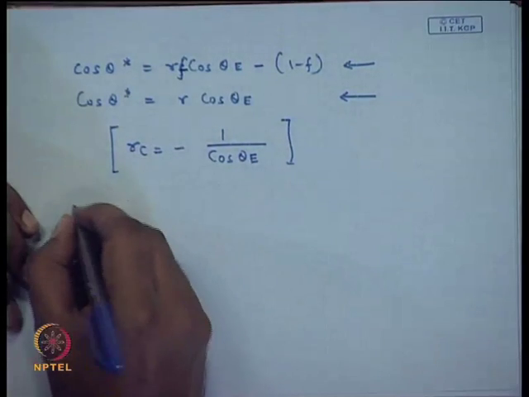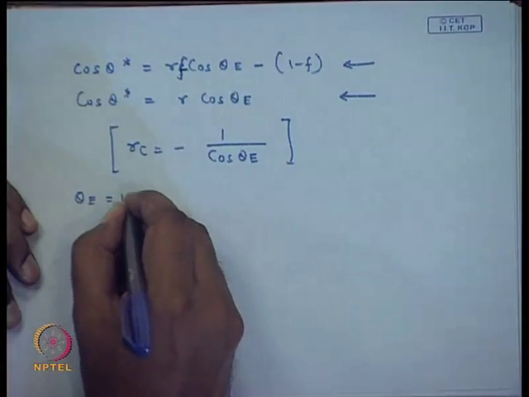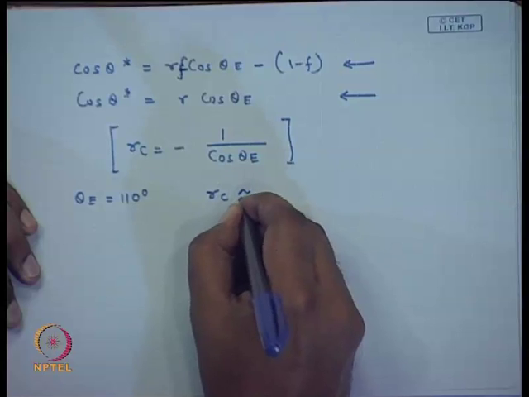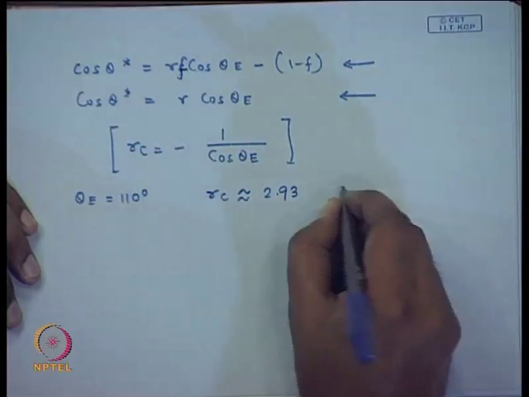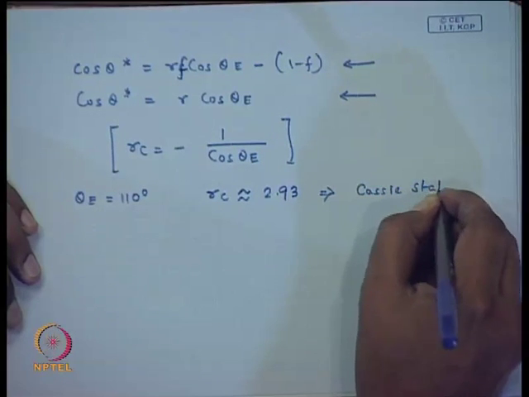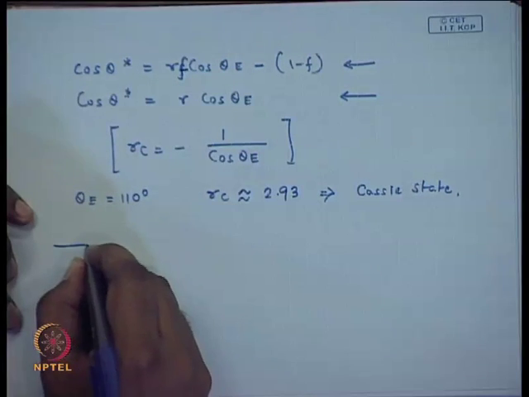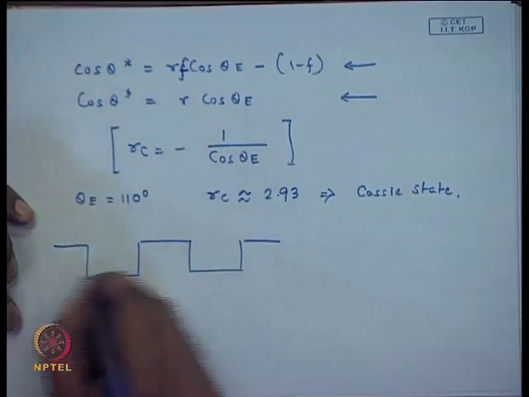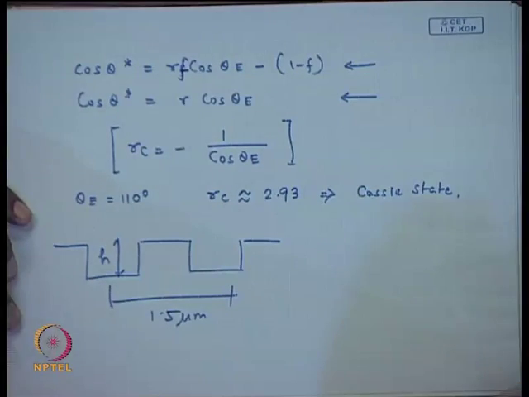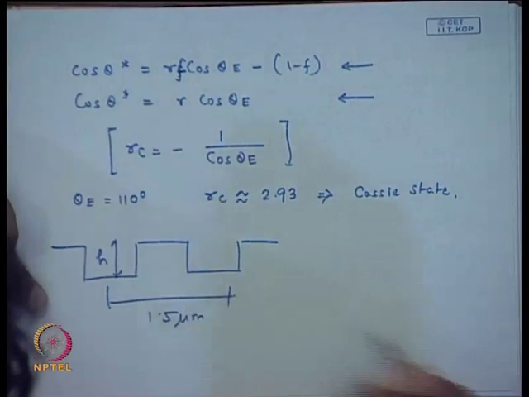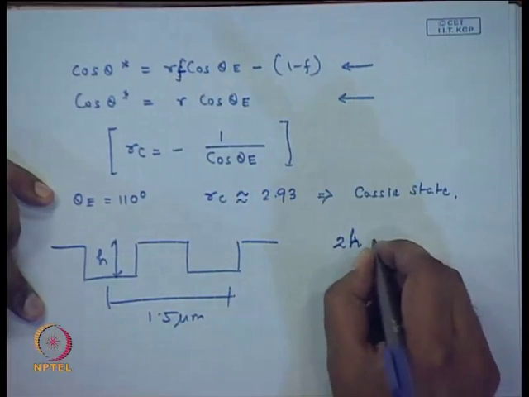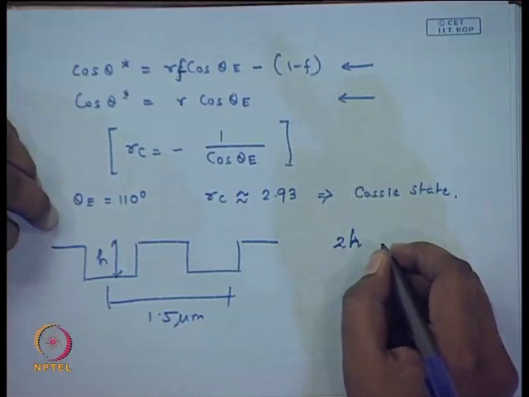So, suppose you have a material whose theta e is 110 degree. You can see that the minimum r_c required is close to 2.93 to positively have a Cassie state of wetting. Looking at it from another angle, suppose you have a grating whose periodicity is 1.5 micron, with structure height h, for this material with an equilibrium contact angle of 110 degree.